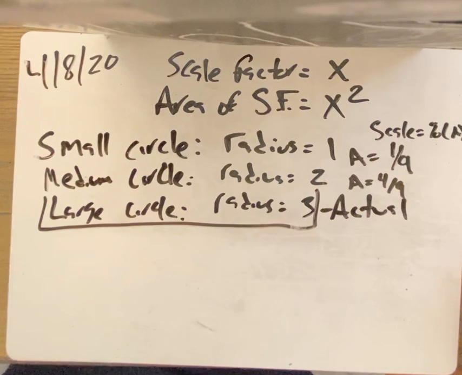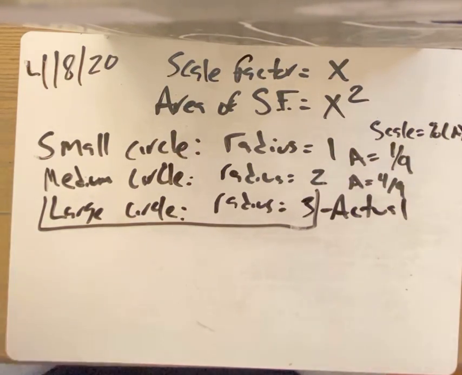Now I have to get the area of the shaded region because I want to know what percent of the area of the large circle is shaded. I got the area of the small and the area of the medium. The small and the medium are shaded, so all you have to do is add them.